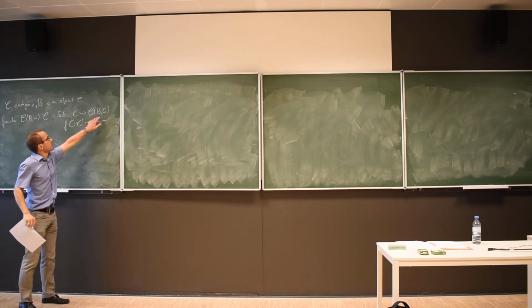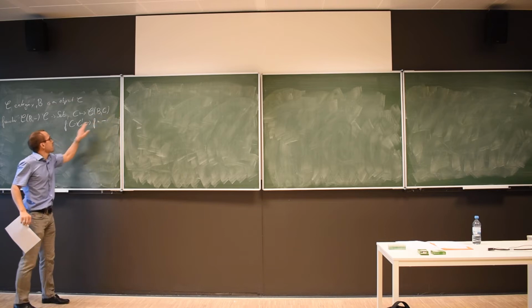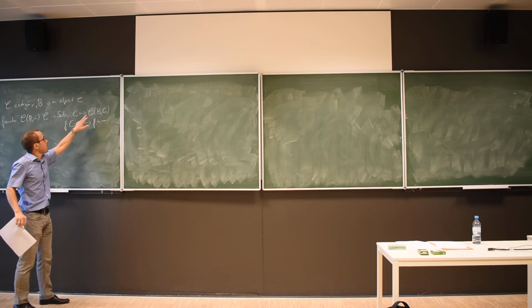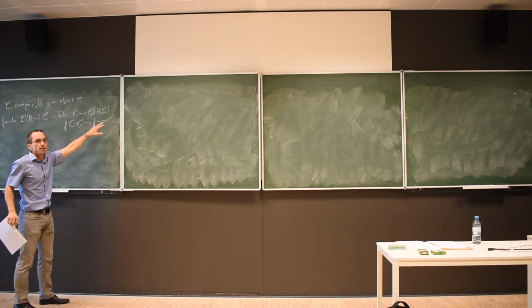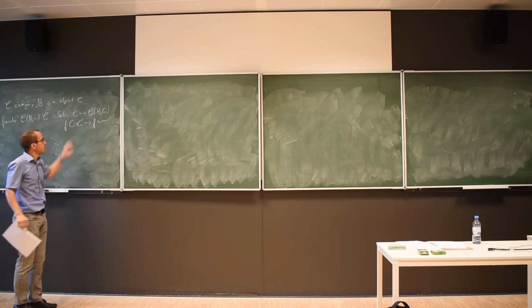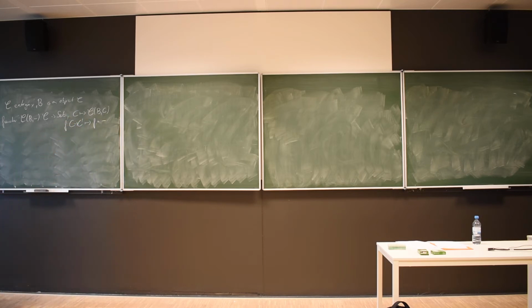So given a morphism from B to C, we can compose with C to C prime to get a morphism from B to C prime. And it follows from the associativity of the composition law in the category that this is indeed a functor.